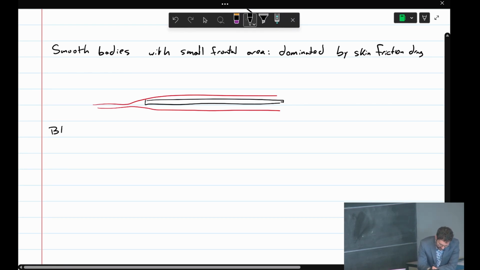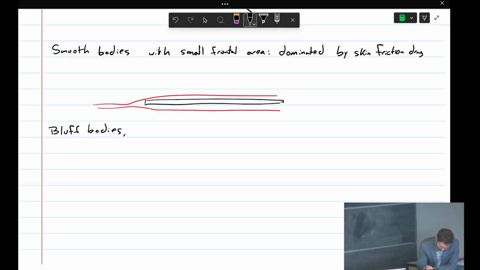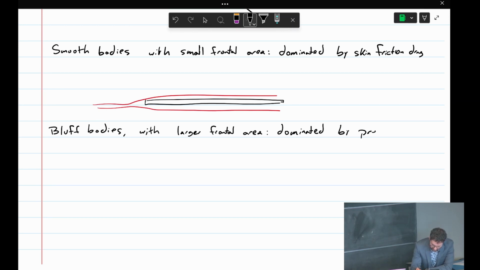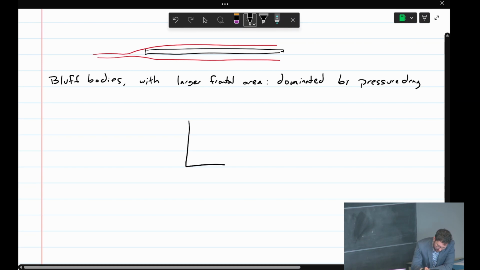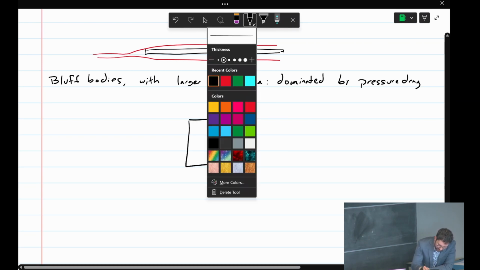But bluff bodies with a larger frontal area are dominated by pressure drag. So for example, we have a cube.